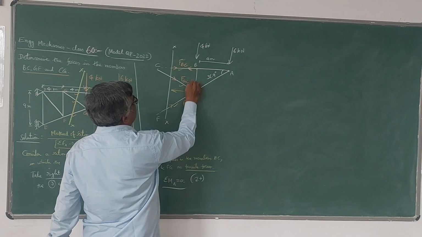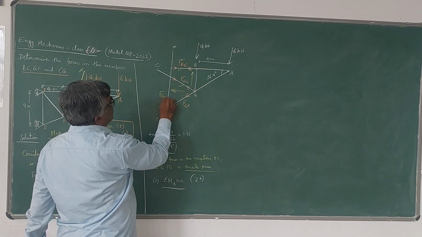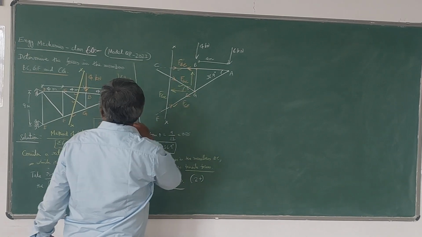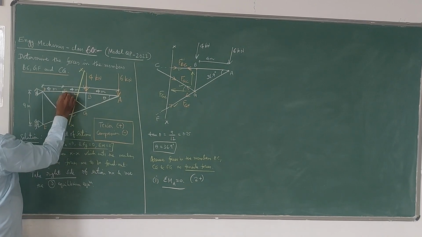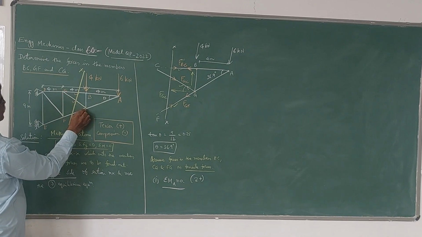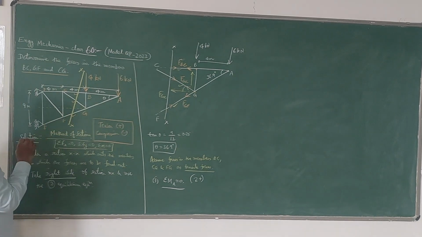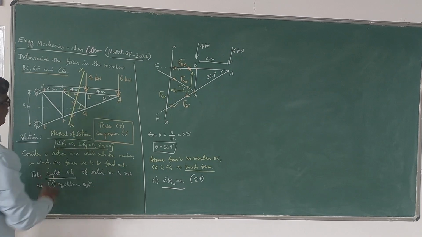So now this FGC, what I will do here is, I will resolve it into two components like this. So this is FGC, so this angle we have to compute now. So this angle I need, this angle or this angle, any one. If I get this angle, they will be equal.